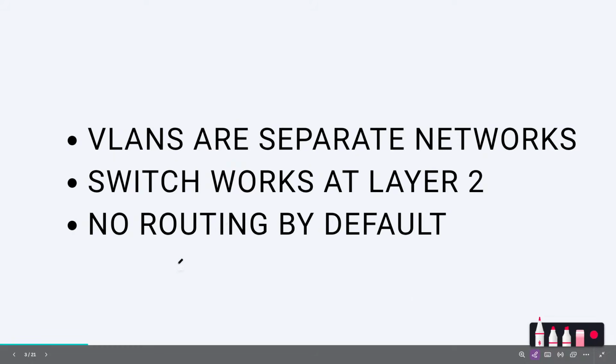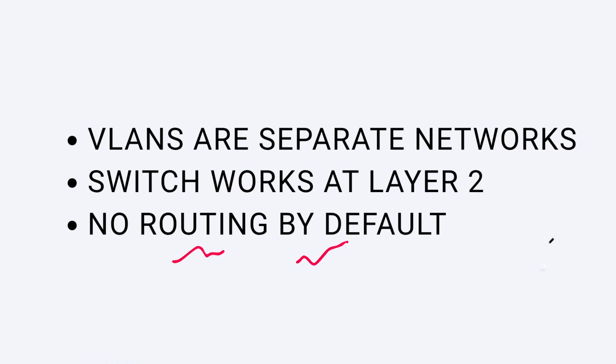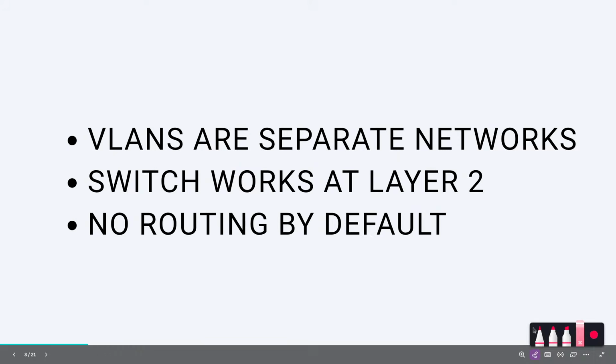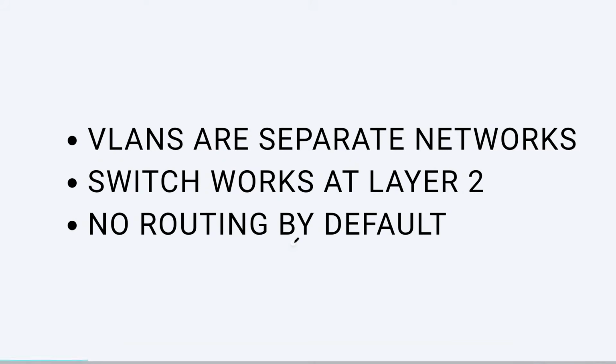I'm just waiting for your comments, guys. Please comment down quickly. Layer 2, layer 3, layer 4, 5, 6, 7. What are these things? Refers to the OSI model. Perfect. They are separated by networks.